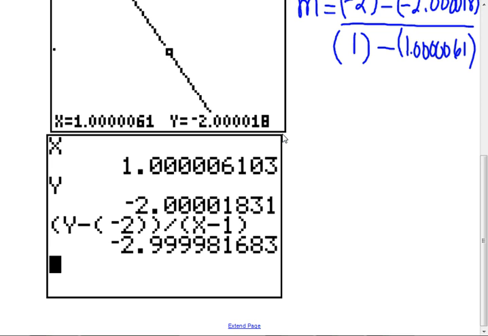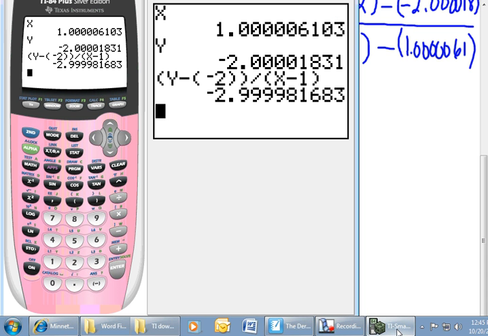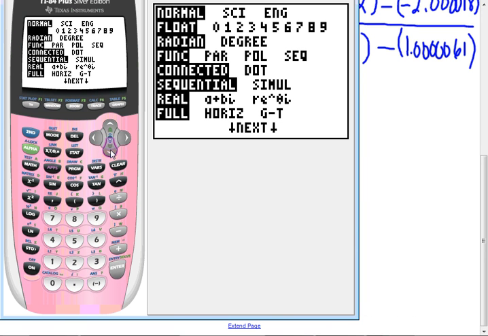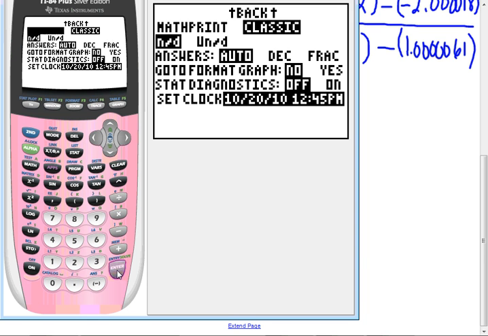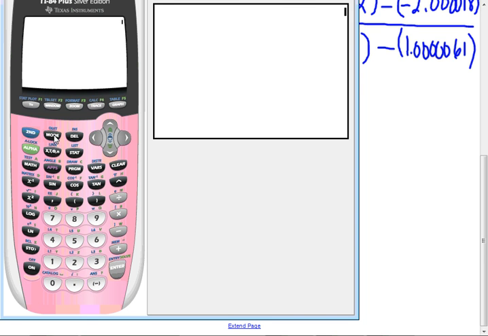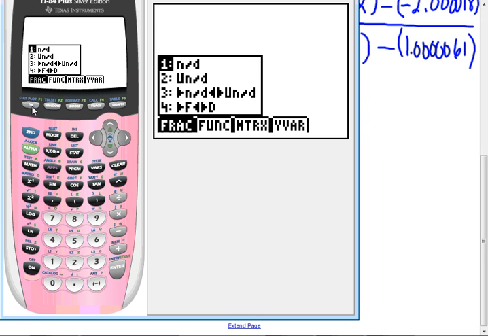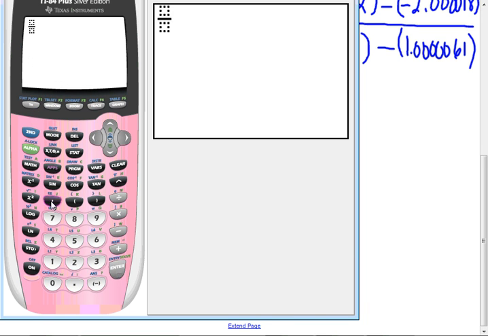Now let's look at it. Oh, I have to change my mode. This is a pain. There is no other way to do this. Okay, I'm going to go to Pretty Print, Math Print. And now I'm going to put this slope in, but I'm going to go through fraction mode. So it's a fraction, numerator, denominator, and whoops, I did it.